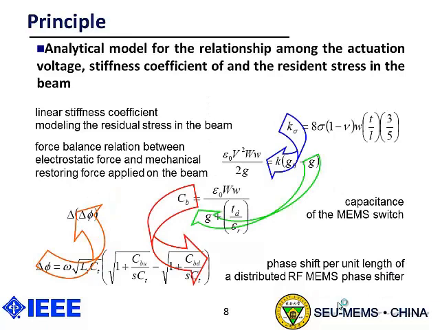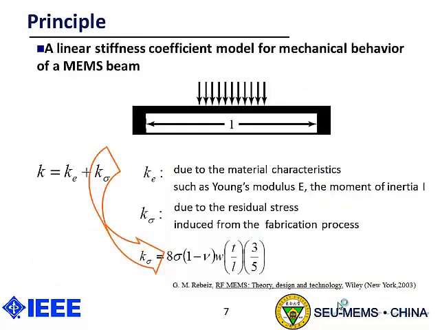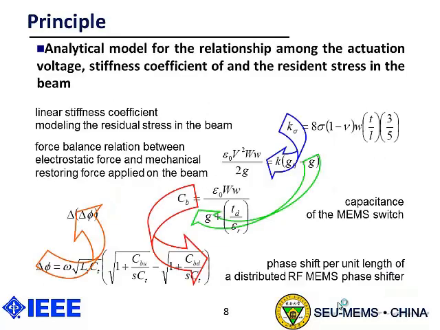So for packaged distributed MEMS phase shifter, the residual stress increases the stiffness of the beam. So under the same actuation voltage, the deflection of the beam will decrease.